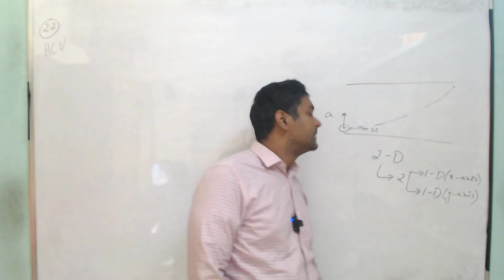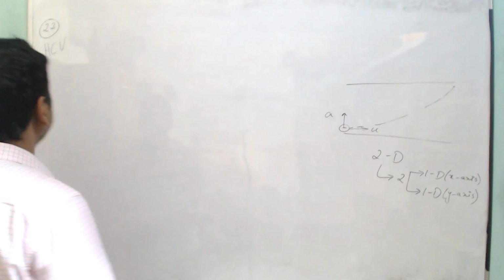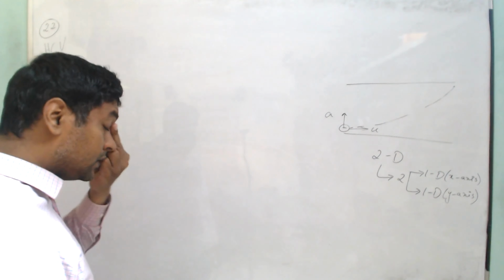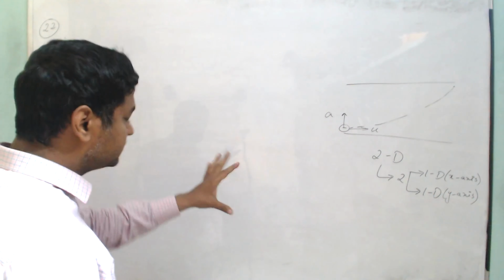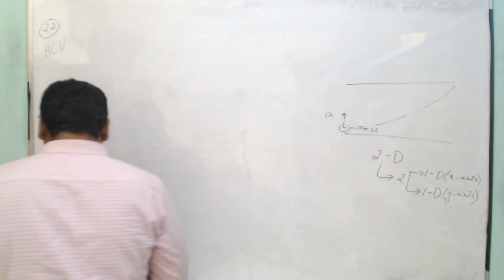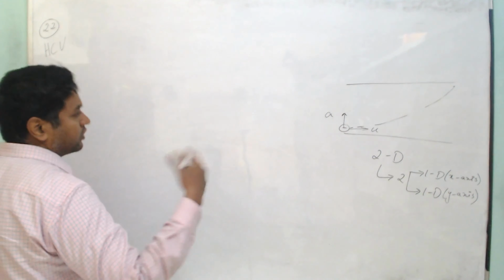So if we are solving a kinematics problem, how do we solve it initially? Let us take all the given inputs. Right now, we are not going into what the acceleration is.